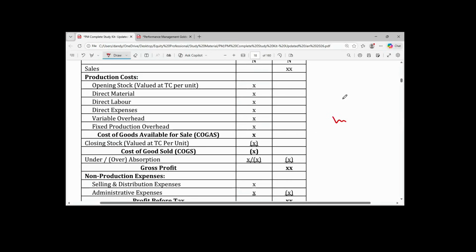But where the budgeted overhead is different from the overhead absorbed to product, this may result in under or over absorption. We then explained what is under absorption, what is over absorption, how do you treat under absorption, how do you treat over absorption.